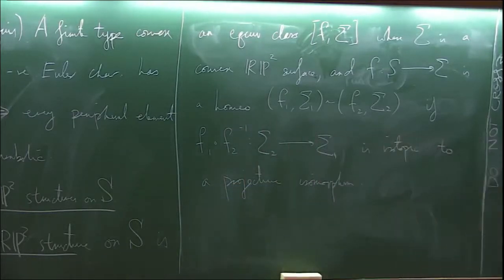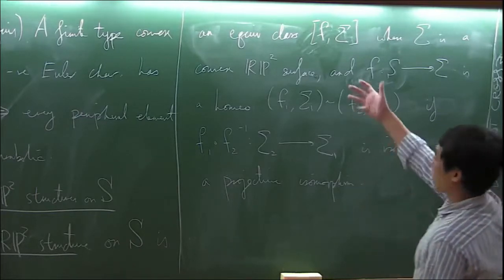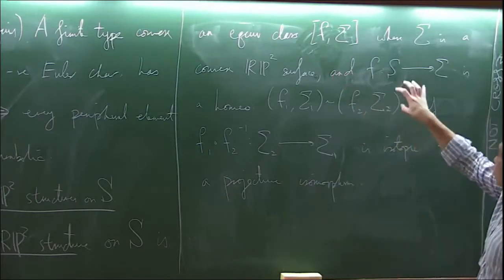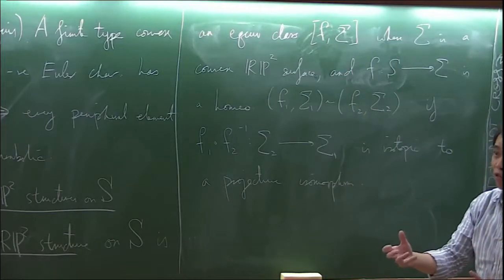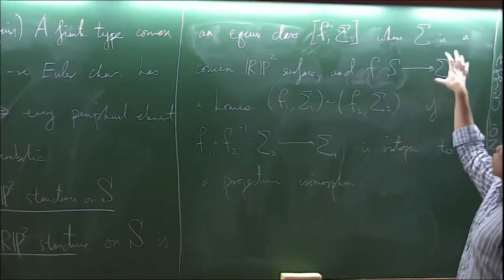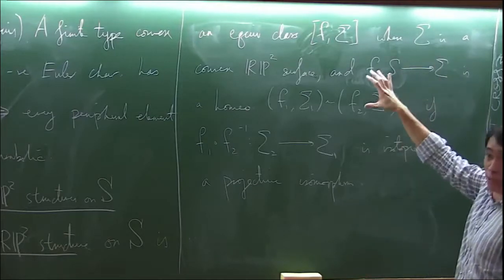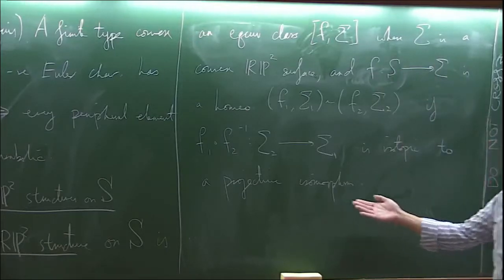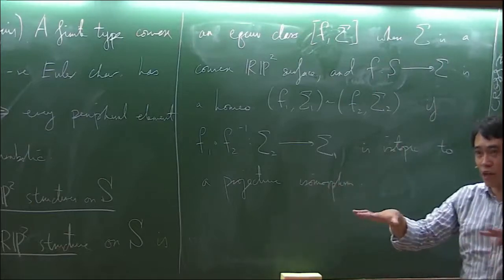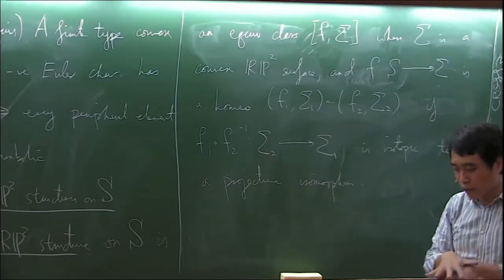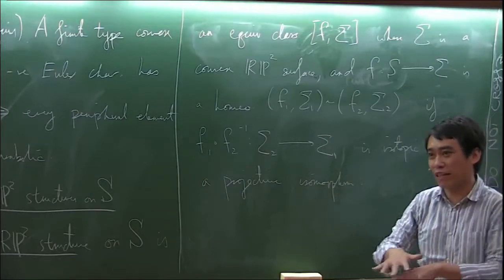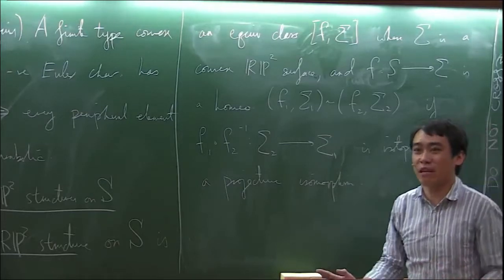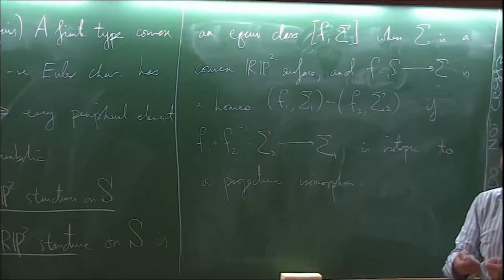Okay, and you can think of a convex RP2 structure as a set of instructions to tell you how to equip your naked topological surface with some convex RP2 clothing, okay? You basically pull back the convex RP2 structure from sigma onto S, okay? And this equivalence relation is saying that if I have two different ways of pulling back convex RP2 structures onto my surface, then I can wriggle from one to the other, right? Then they are basically the same way of putting on this structure.